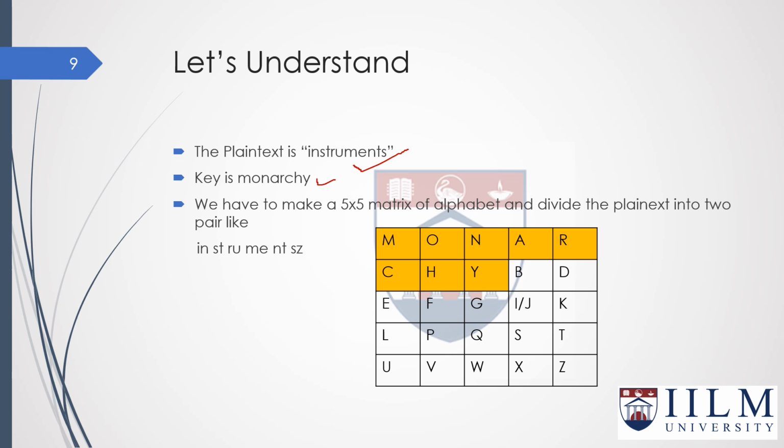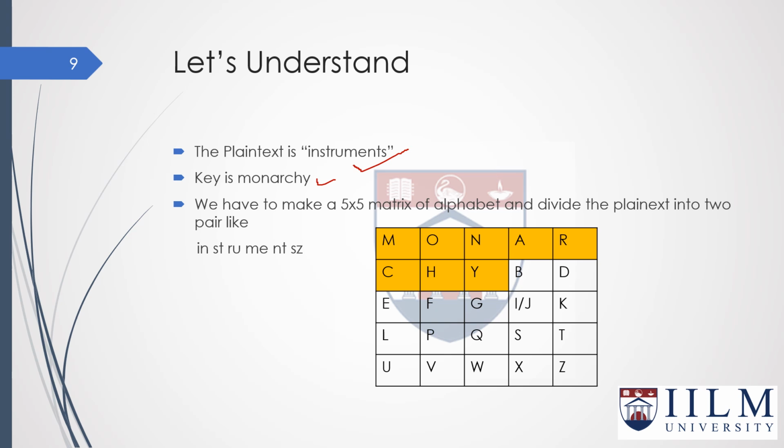In the English alphabet there are 26 letters. If we arrange the alphabet in a 5 cross 5 matrix, that is 5 rows and 5 columns, we can arrange only 25 alphabets.